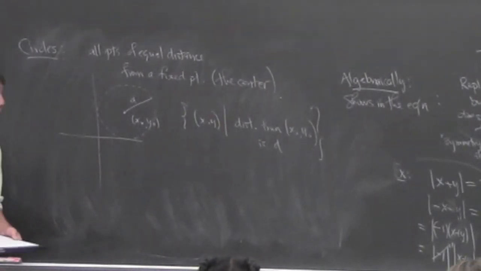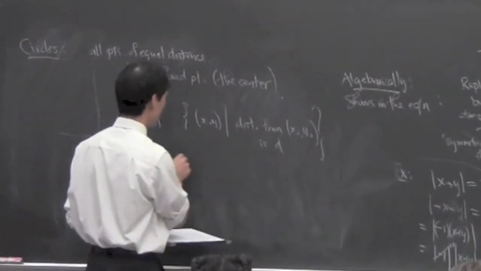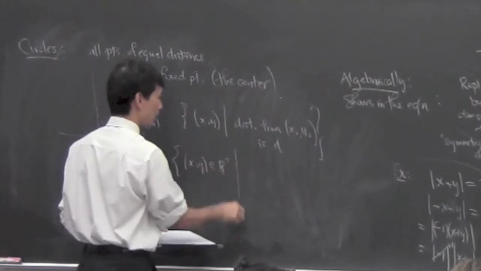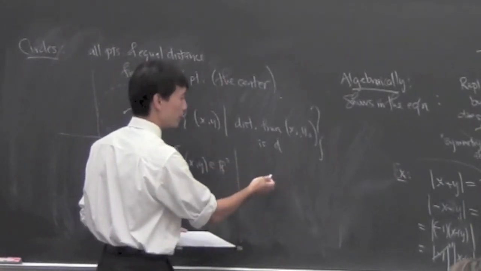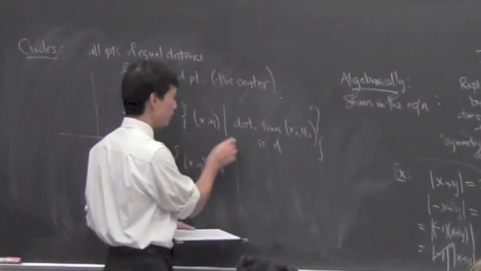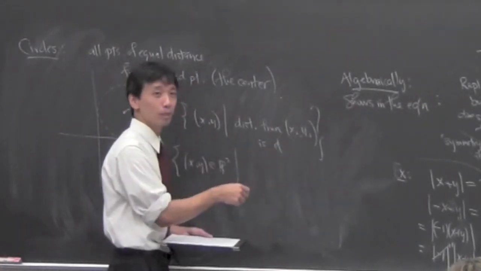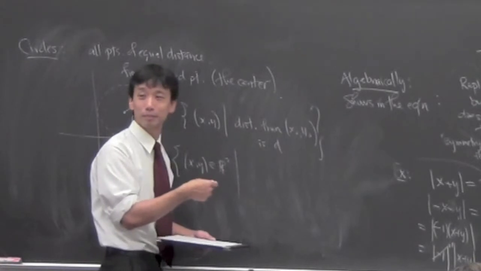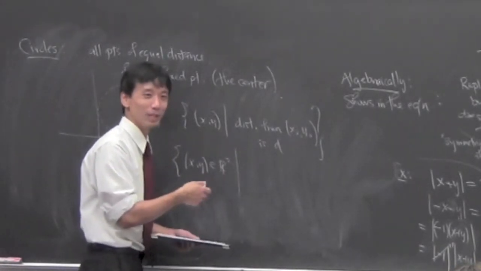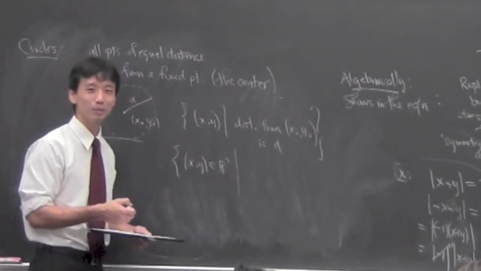Okay, who can tell me what I should write here? This is the same thing as all points such that, what's the equation? The distance of the point from x naught, y naught is d, in other words. Nobody? Okay, turn to somebody next to you and say what you think.